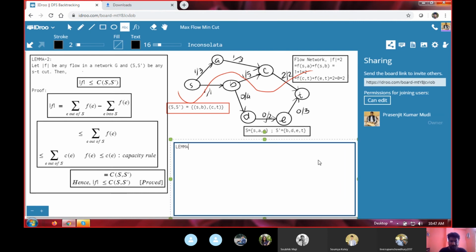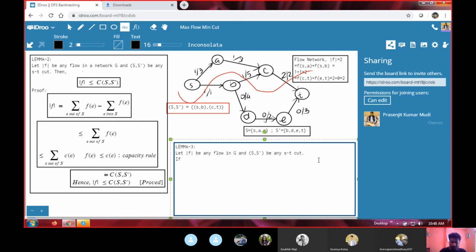Third lemma is very simple, easy. Lemma 3: let F be any flow in G, and actually mod F, we may write F simply, but more specifically we want to write mod F, and S comma S prime be any ST cut.